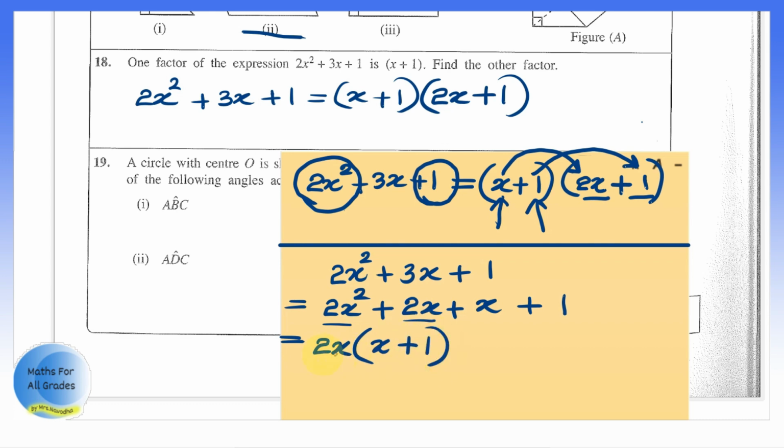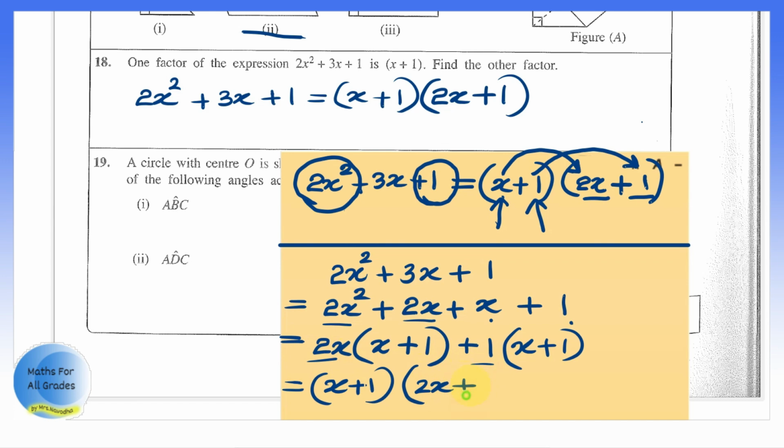If you want to check again, you can multiply the brackets. 2x times x equals 2x squared. 2x times 1 equals 2x. There are no common terms, so write down 1 out of the bracket and then x plus 1. Now you can see x plus 1 is common to this expression. Let's take it out. x plus 1. When you take it out, here 2x is remaining and here plus 1. So you can find the other factor in this way as well.